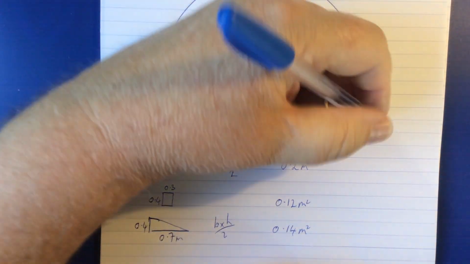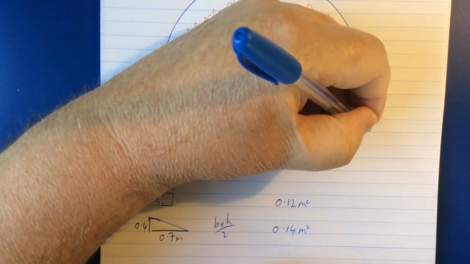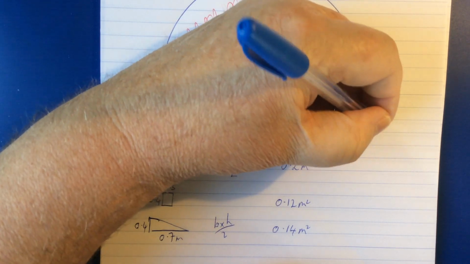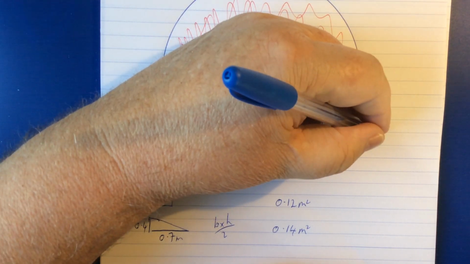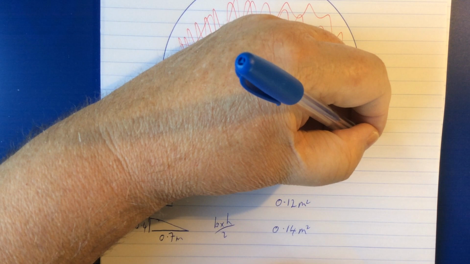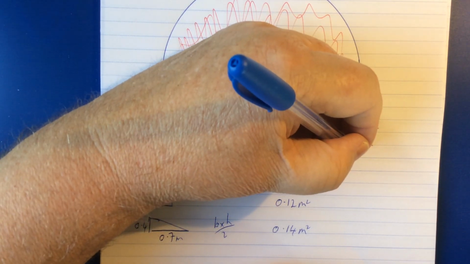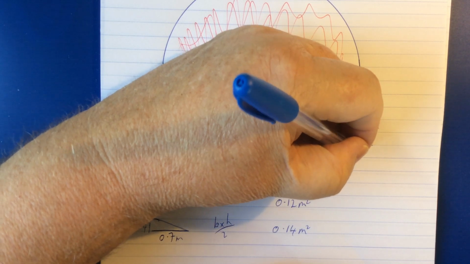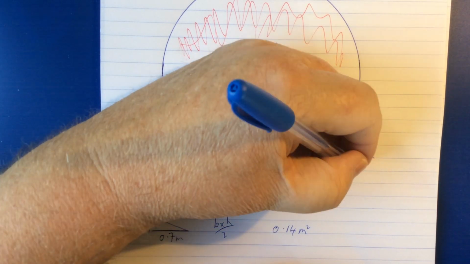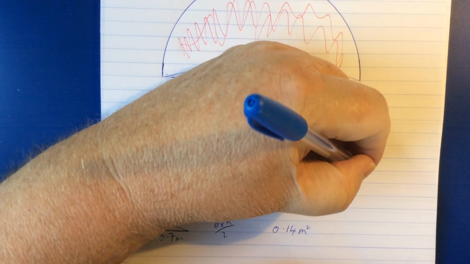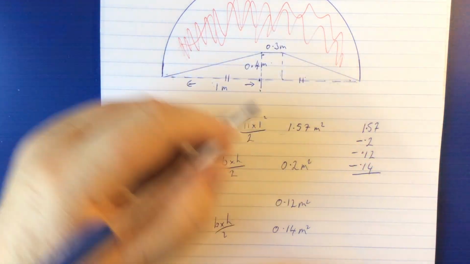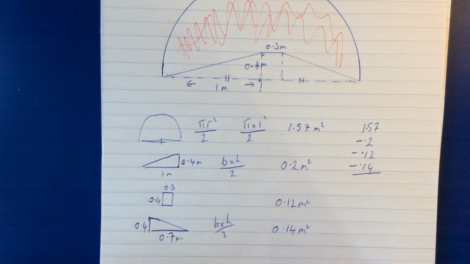Okay, so let's tidy this up. So we start with our original shape, which is 1.57, and from that we subtract 0.2, 0.12, and 0.14, and that will give us the shaded area here.